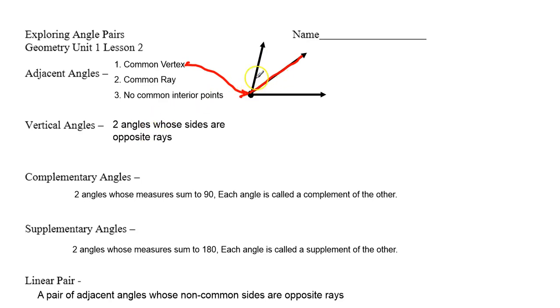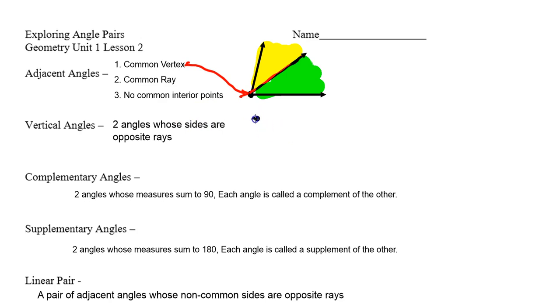But they have no common interior points, meaning they don't overlap. If we were to take a highlighter, this would be the interior, all these points between these two rays, and this down here would be the interior of this angle. And what you notice is none of those are in common between the two, and that's what makes up adjacent angles.